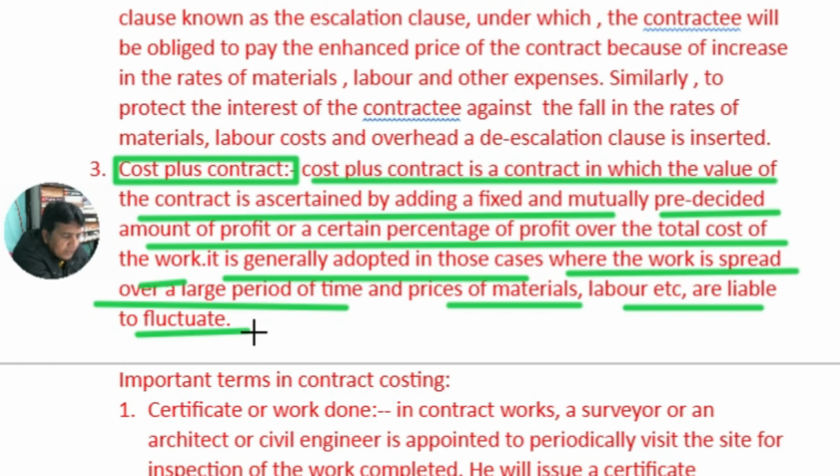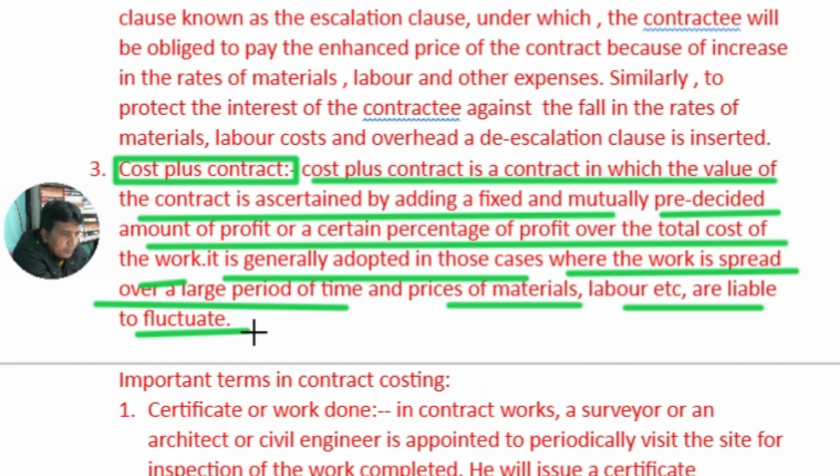Under this method, both the contractor and contractee agree on a certain percentage of profit which is payable to the contractor by the contractee, and which forms the contract price. Say, for example, the profit margin is mutually fixed at 20% of cost, and the total cost incurred by a contractor for the construction of the work is rupees 1 lakh.